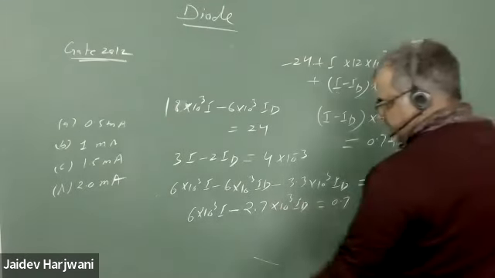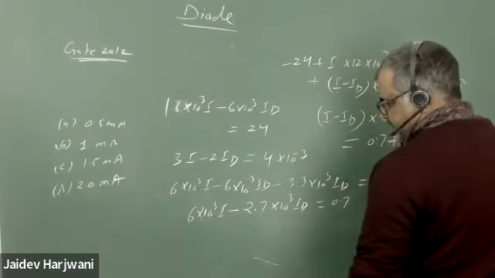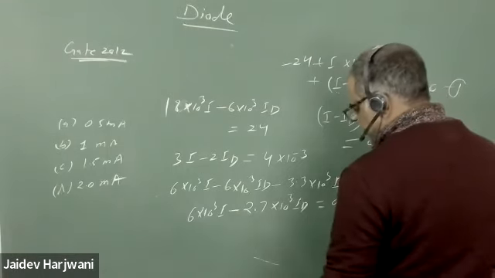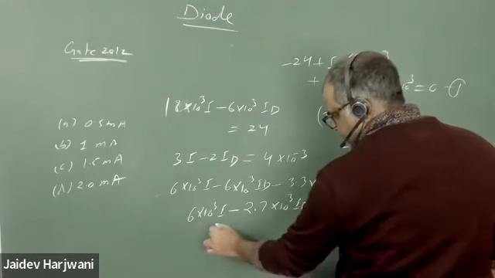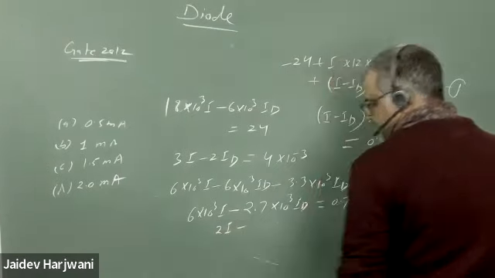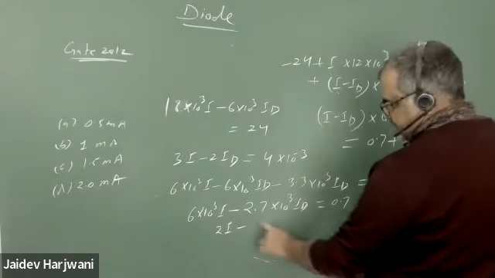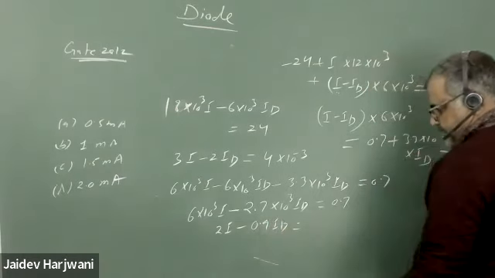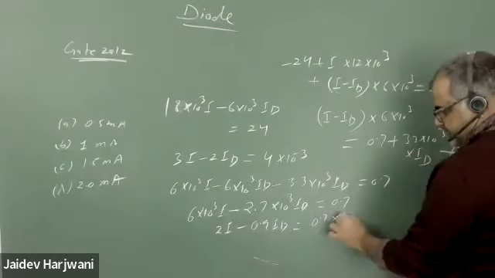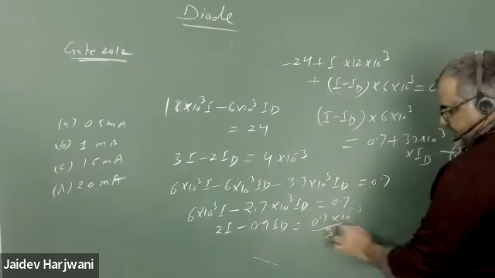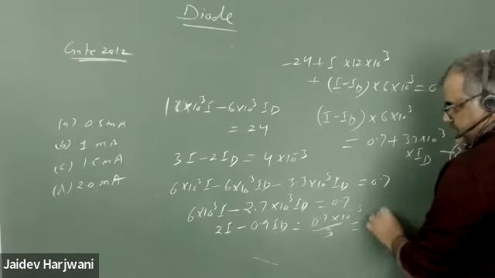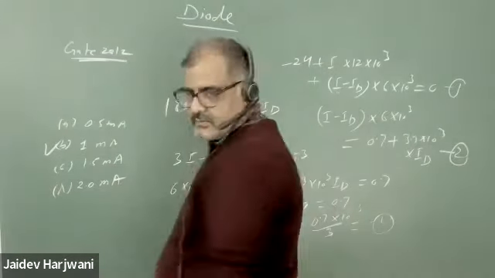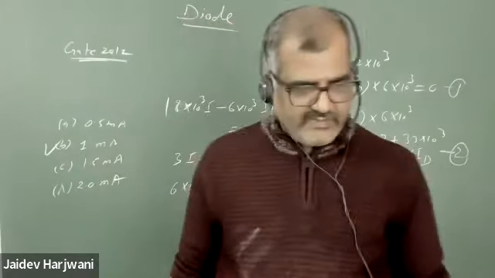Then you solve it further, dividing by 3, so it becomes 2I minus 0.9 ID equals 0.7 into 10 to the power minus 3 divided by 3. Solve these two equations. The answer is option B, 1 milliampere.